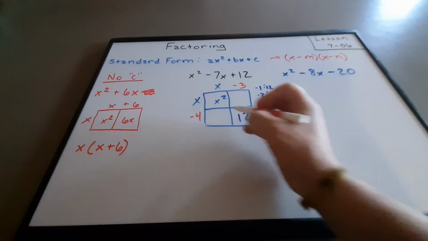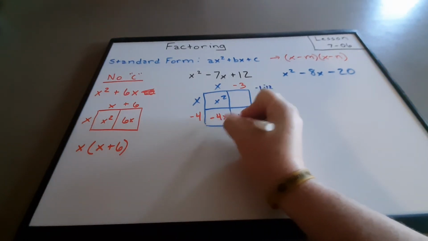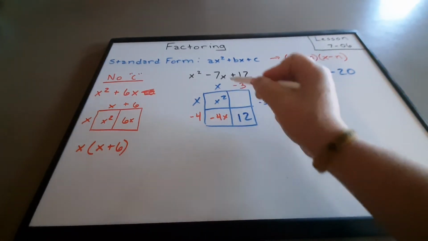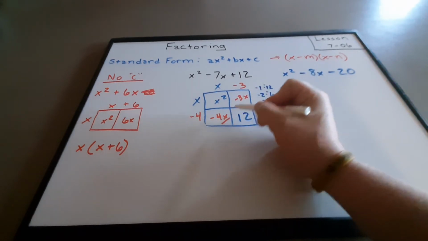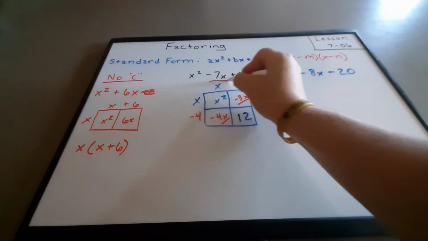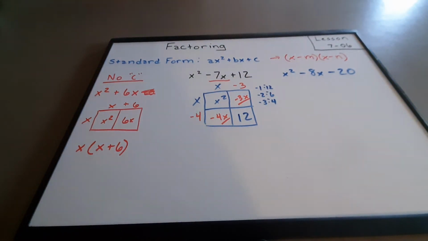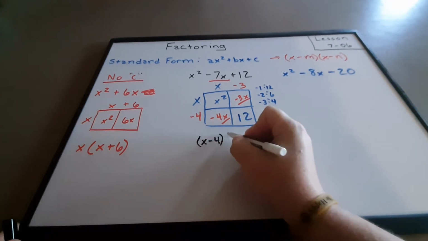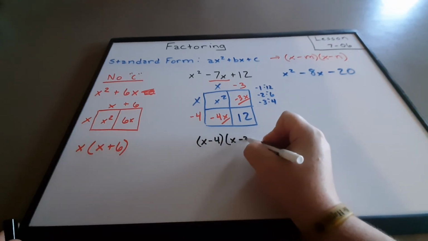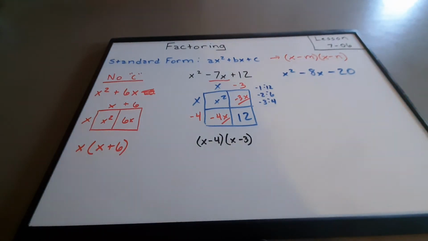Negative 4 times x, negative 4x. Negative 3 times x, negative 3x. These create negative 7x. So our sides are correct, and our factored form is x minus 4, x minus 3. You can actually flip-flop the order of these. You could do x minus 3 times x minus 4.